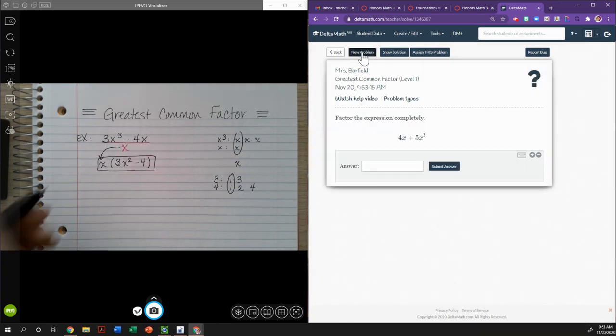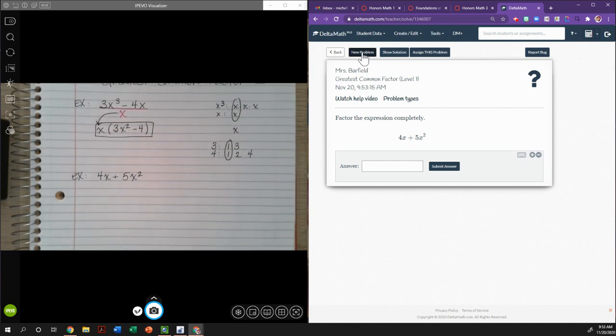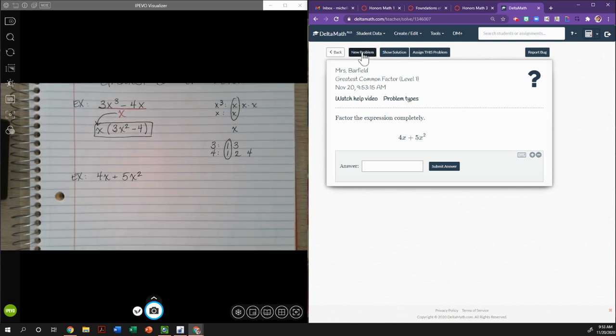Okay, so now I have 4x plus 5x squared. Again, when I look at the numbers 4 and 5, I can't divide them by anything they have in common. I can't divide them both by 2, I can't divide them both by 3, because that's how greatest common factor works that you learned when you were in middle school.